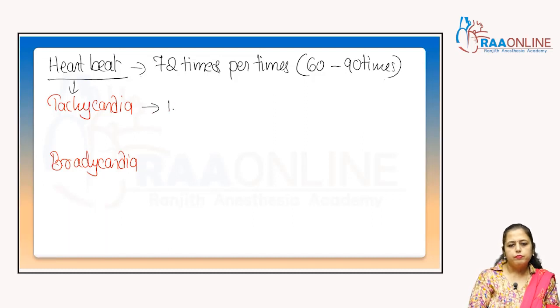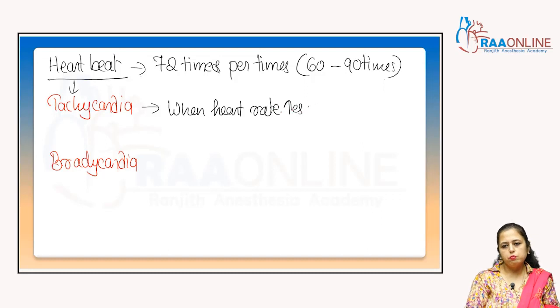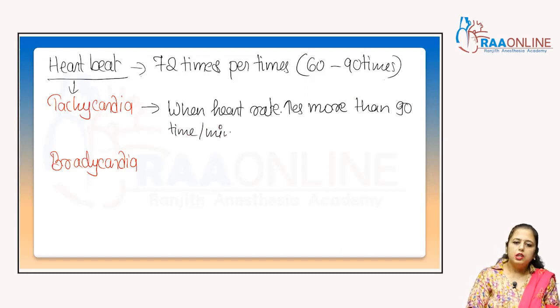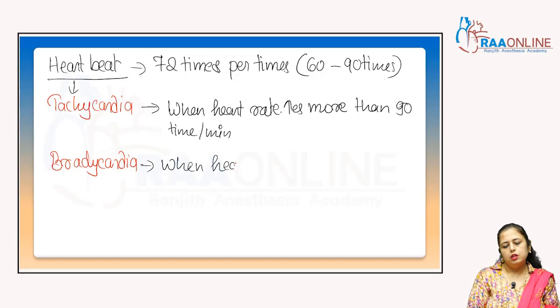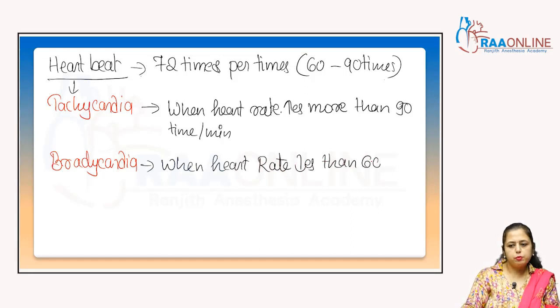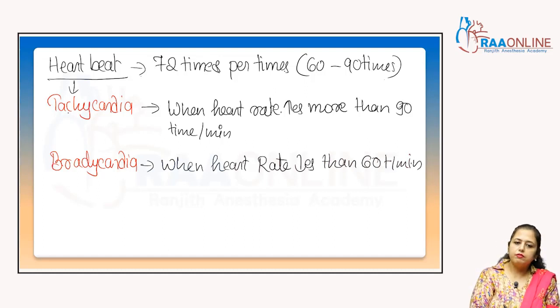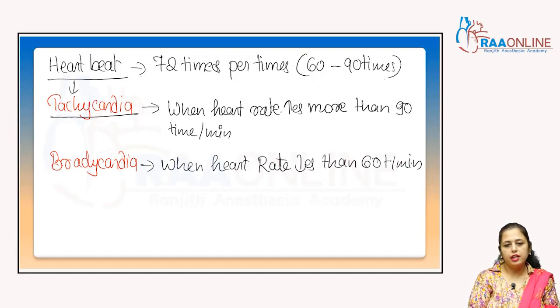Tachycardia: when heart rate increases more than 90 times per minute, and when heart rate decreases below 60 times per minute, then it is called bradycardia, and when it is more than 90 times per minute, then it is called tachycardia, right?